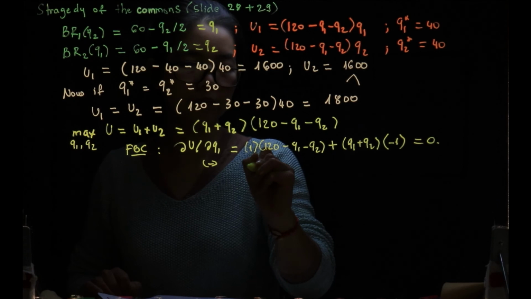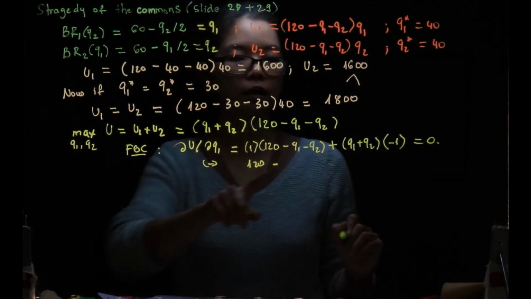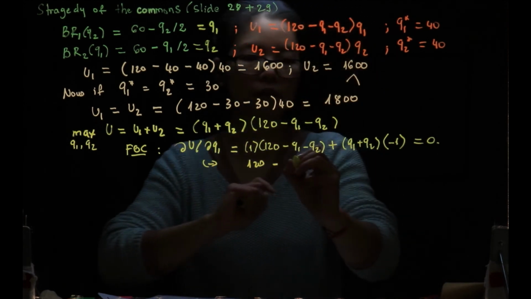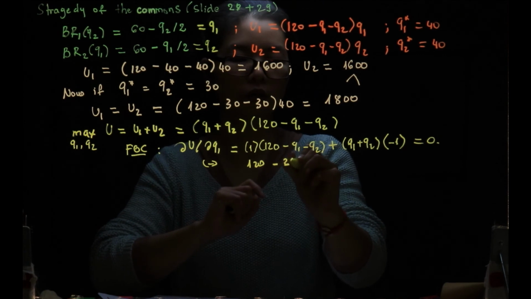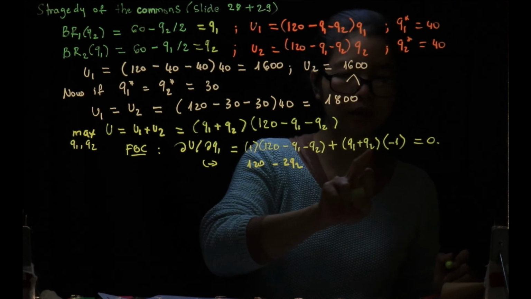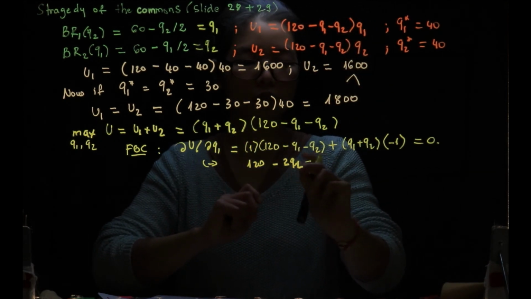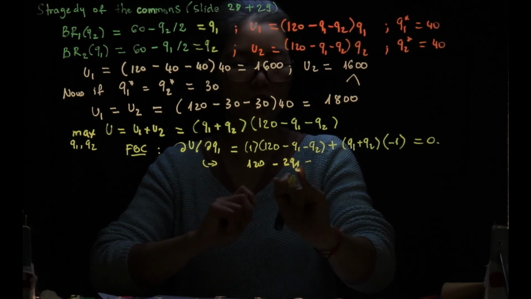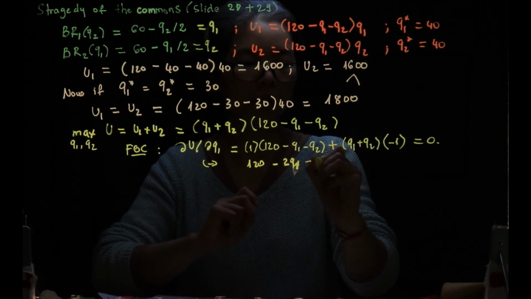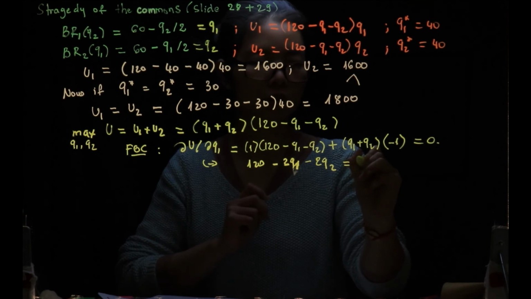Then we could simplify everything now. 120 stays the same. Minus Q1 minus another Q1, minus 2Q1, right? And then minus Q2 minus another Q2, minus 2Q2, equals 0.